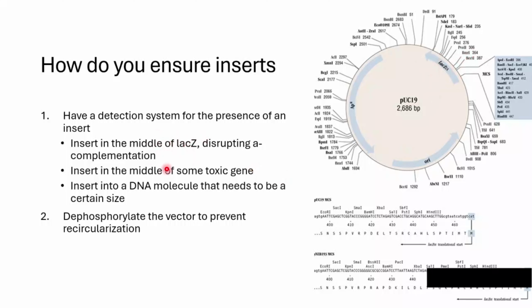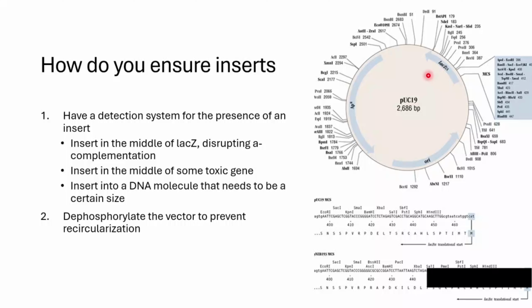What you can do is use a toxic gene instead of the lacZ, right? One example is a toxin called ccdB, forgot what it stands for, but basically, if you don't have the ccdA enzyme, you are sensitive to the ccdB toxin. And so what happens is that when you insert in the middle of the toxic gene, you're basically preventing it from killing the cell.